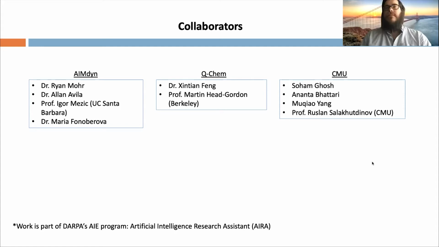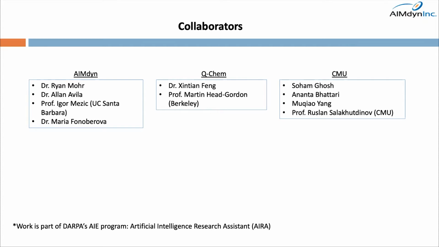So collaborators on this project from the AIMDYNE side: myself and Dr. Alan Nabila, Professor Igor Mezic from Santa Barbara, and Dr. Maria Fanobarova. From the QChem side, we have collaborators Dr. Xintian Feng and Professor Martin Gordon, who's in the chemistry department at Berkeley. They lent us their chemistry expertise. And we also collaborated with Professor Ruslan Salakhutdinov from CMU.